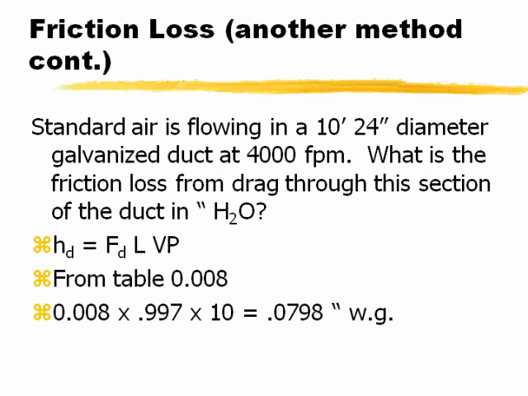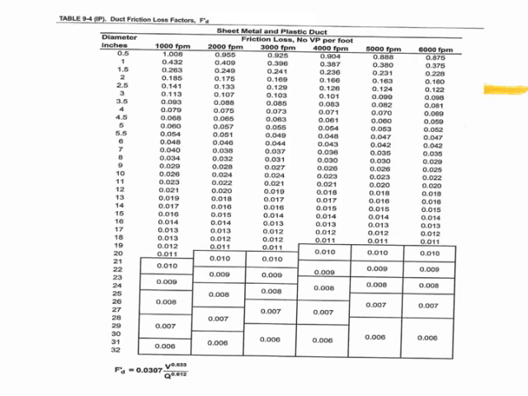So if we use the same values that were used in the previous example where we used Table 3.2, we see that if we find the 24-inch diameter duct at 4,000 feet per minute, that puts us at a loss of about 0.008.